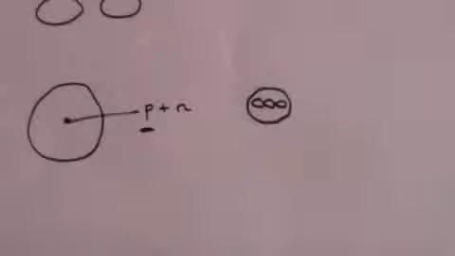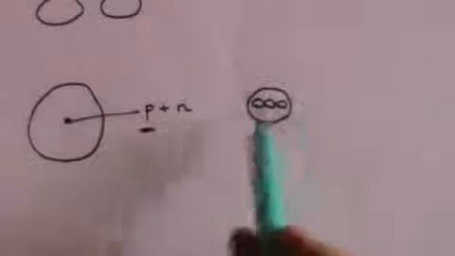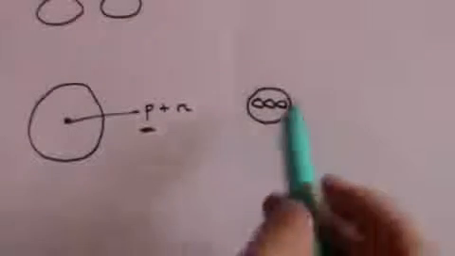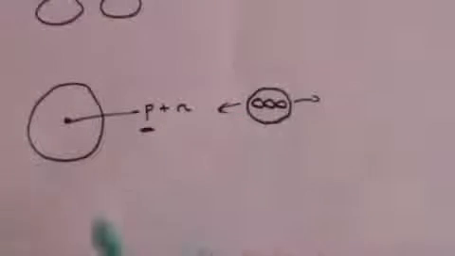And we know from the Coulomb force, or the electromagnetic electrostatic force, that like charges repel. So why doesn't the nucleus blast apart as these protons all try to get away from one another? The answer is that the strong nuclear force holds the nucleus together.